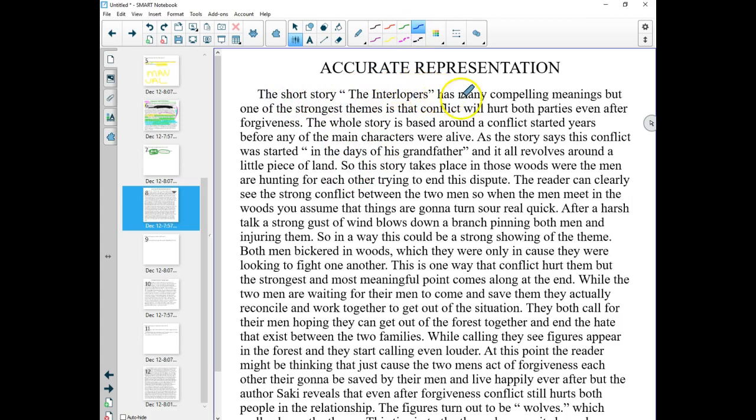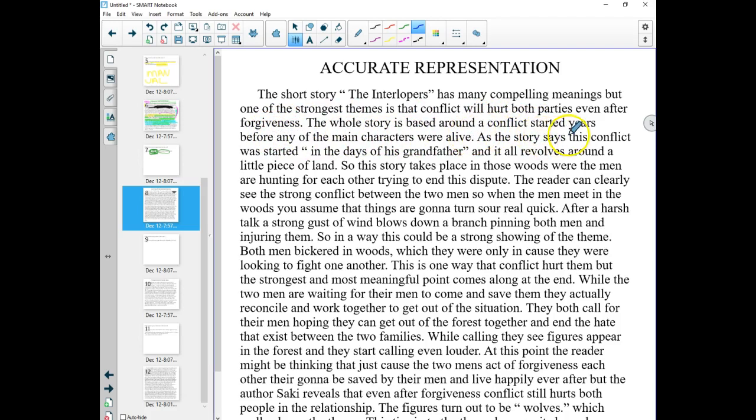"In the short story, The Interlopers, has many compelling meanings, but one of the strongest themes is that the conflict will hurt both parties even after forgiveness. The whole story is based around a conflict started years before any of the main characters were alive.